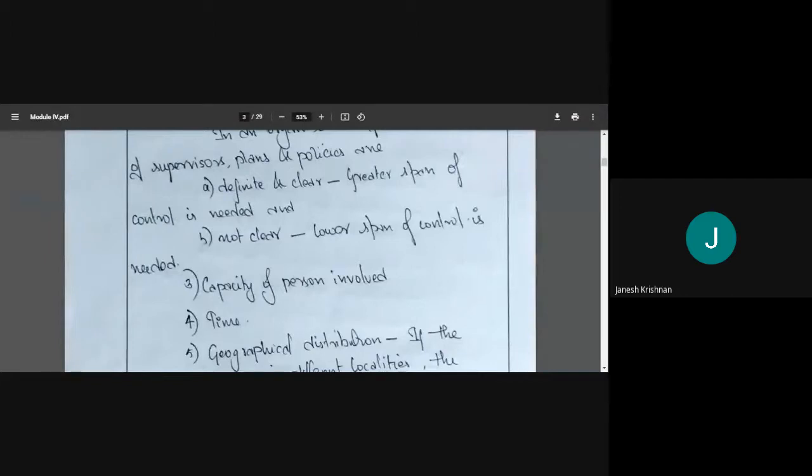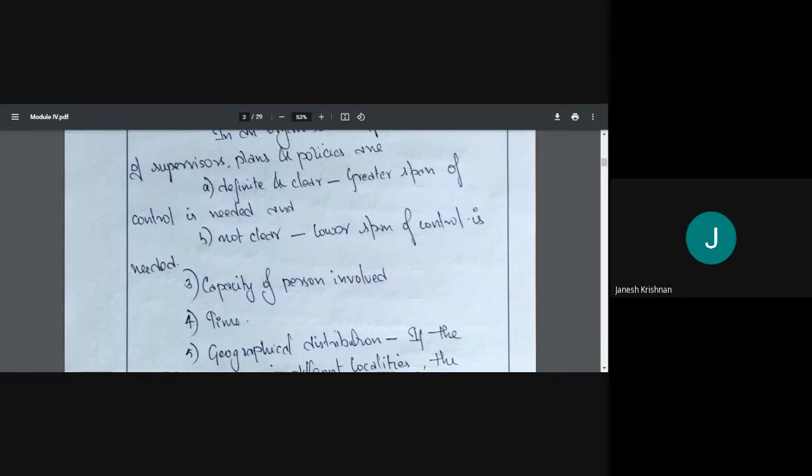Take your project group: if you are assigning 5 groups to one person, what will happen? All 5 of them will go and ask questions to the guide. So he or she might not have enough time to answer all their queries evenly, all the doubts, or to correct everything for them.